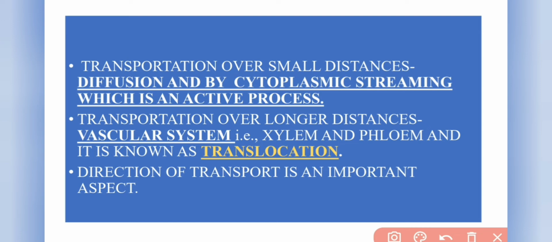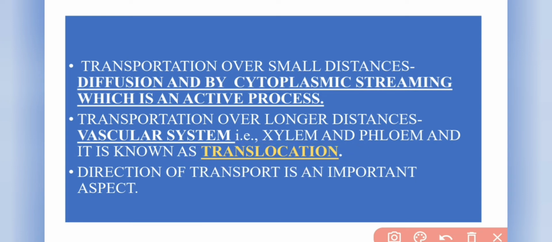The vascular tissues, that is xylem and phloem, are involved in the transportation, and this process is known as translocation, because substances such as food, etc. are transported from one part of the plant to another part. So it is known as translocation.